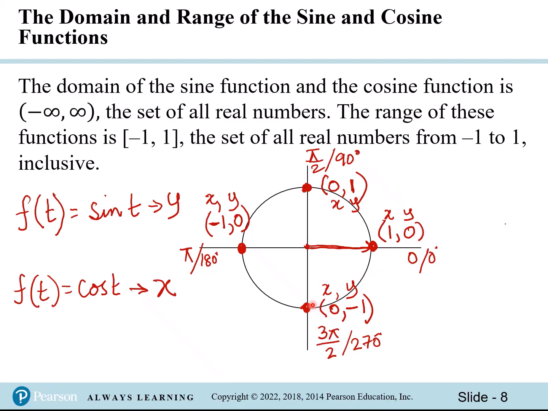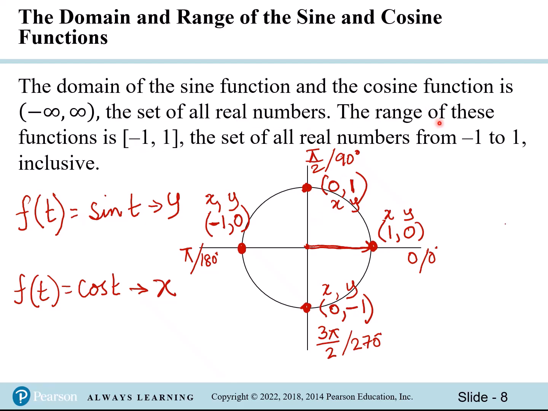The highest value that y takes is a +1 at pi over 2 radians. It does not extend beyond these two values of -1 and +1. So it includes all values between that range, but it does not extend beyond -1 and +1. That matches with what we gave as the range of the sine function.